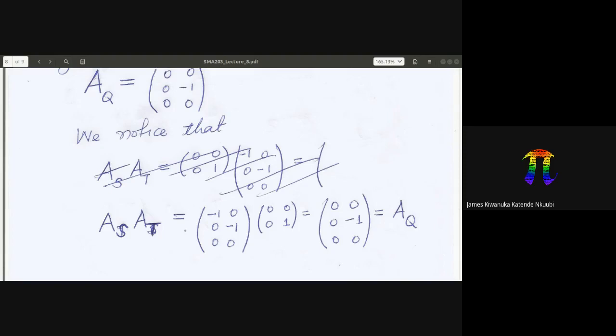So there's one example that I'm looking for before we stop.